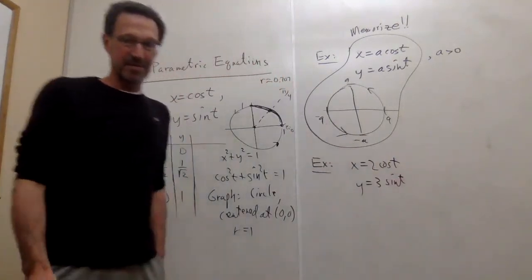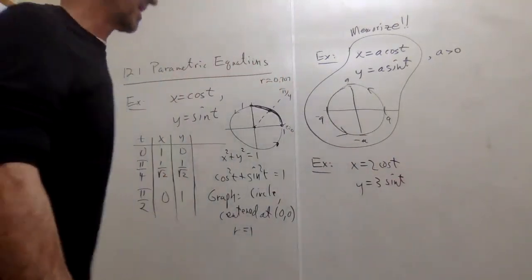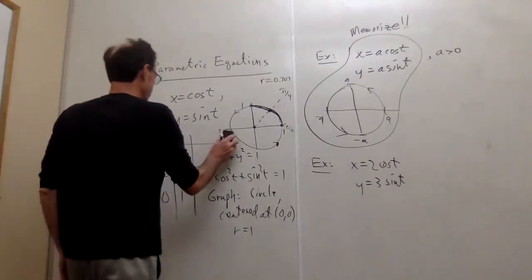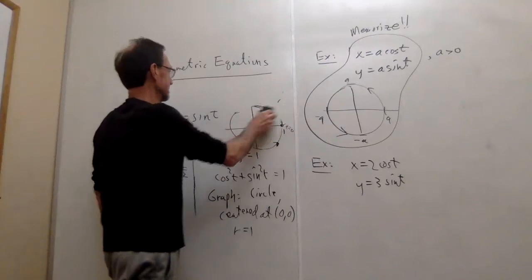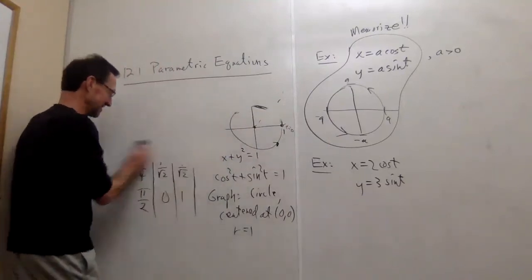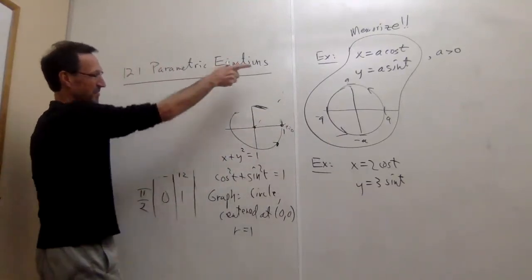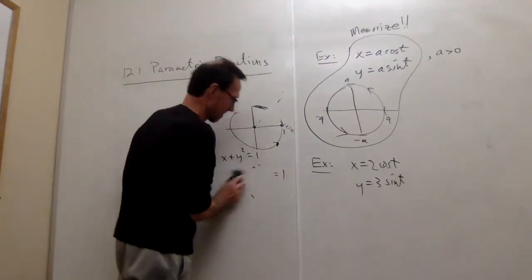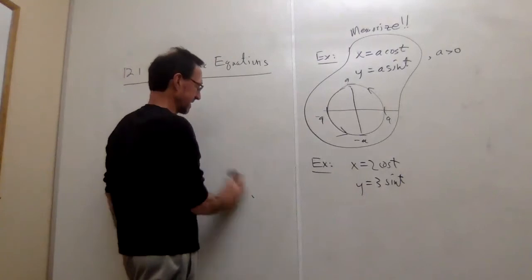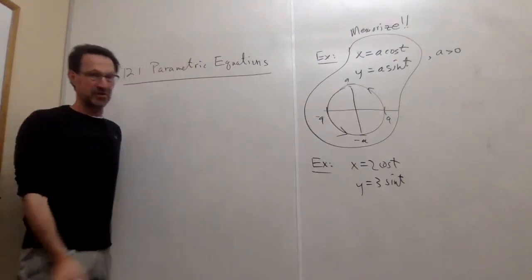Think a minute. What do you think the graph of that parametric curve is going to be? Compare it to the one I just erased. Compare it to that one up there. The x values go from -2 to 2.